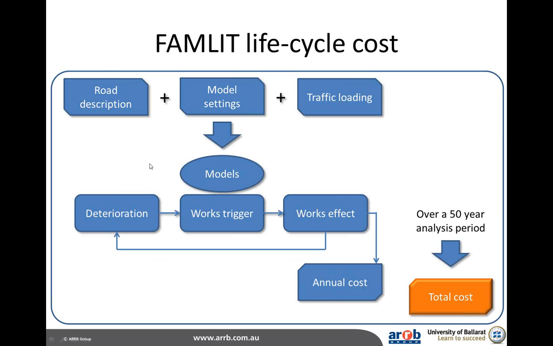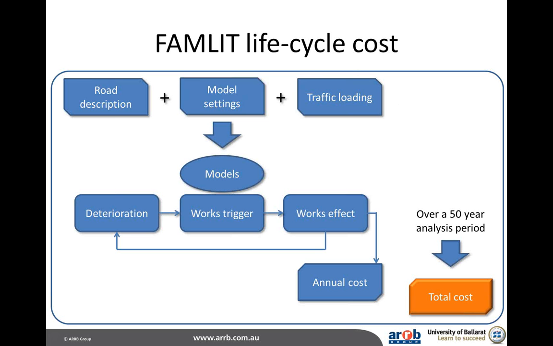Our inputs are our road description, and that includes things like its size, its type, its condition, its age, the climate that the road exists in. It also includes some model settings that might include calibration factors and unit costs and discount rates. And the third major input is our traffic loading, what the vehicle fleet is on the road and how it's loaded.